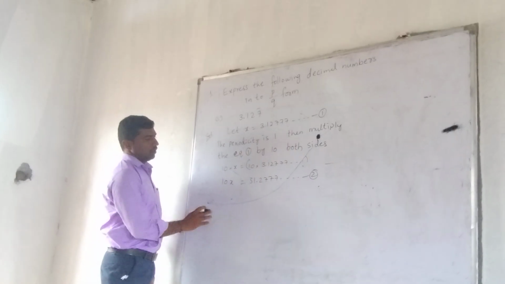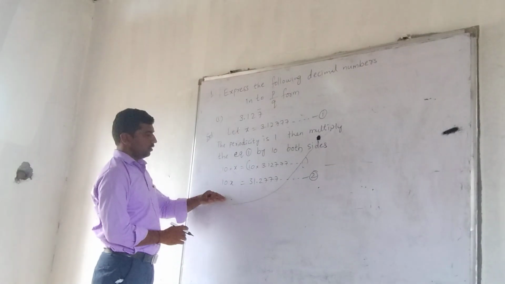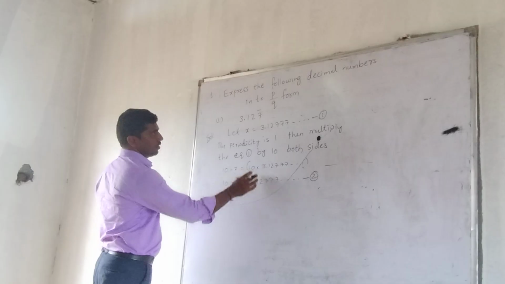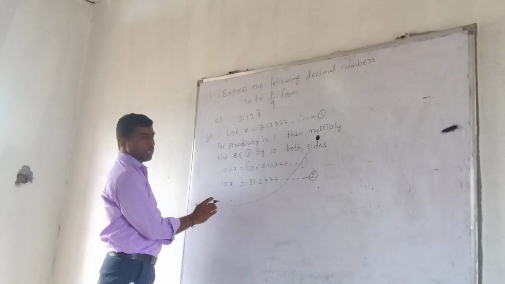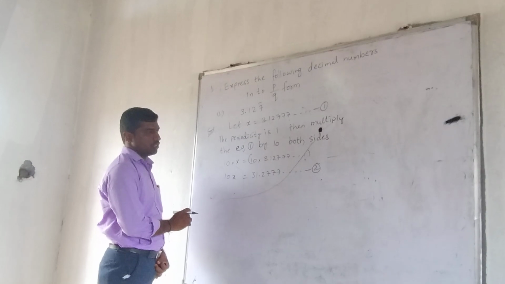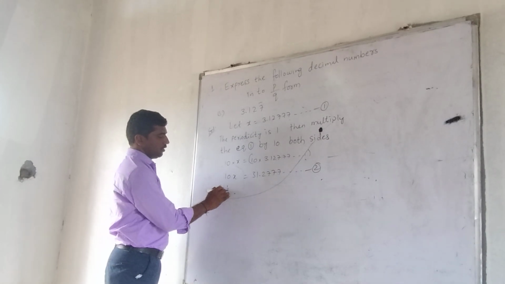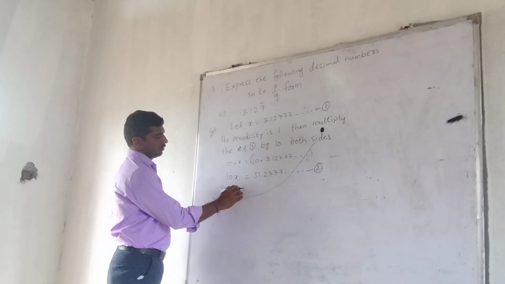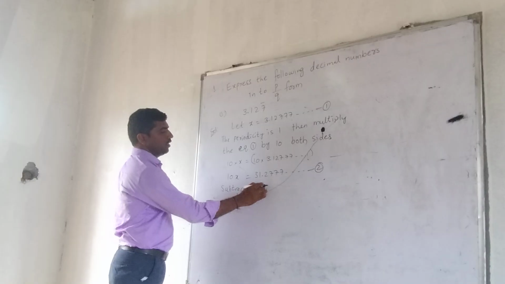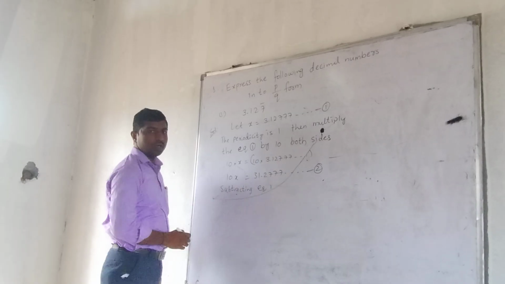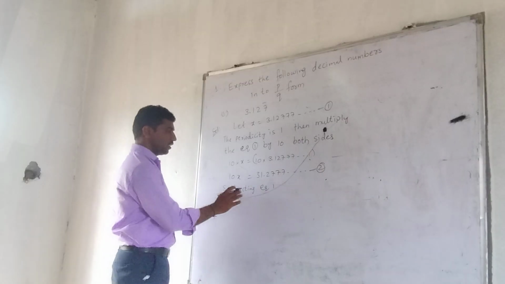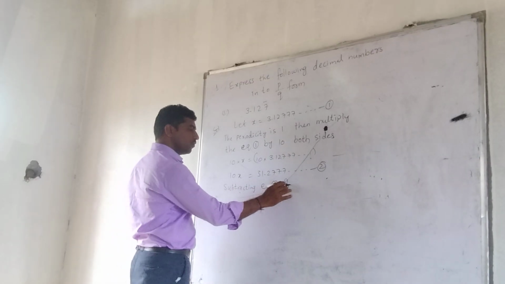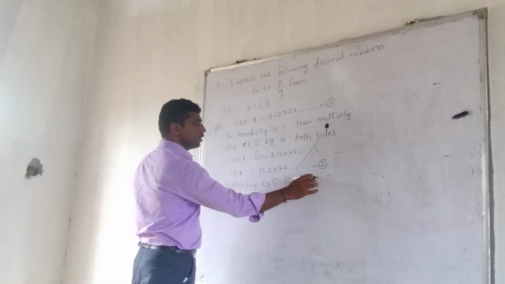Now next what we do here: this is the second equation, this one is the first equation. So we have to subtract, equation 2 minus equation 1, subtracting equation 1 from equation 2.